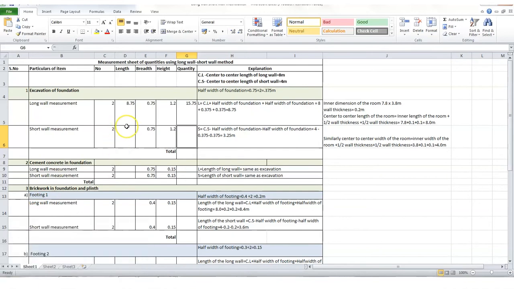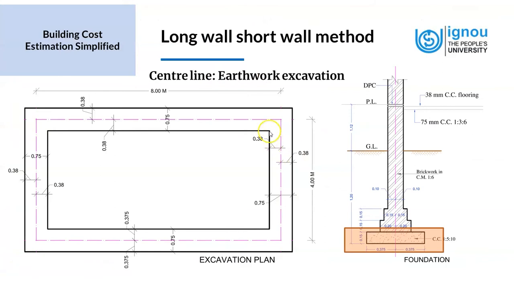Now let's go back and see how we get the short wall measurement. For the short wall measurement, we saw that it is from inner to inner, which means it will be from this point to this point. That is why we get the short wall. Now, because we are making the references with respect to the central line, this 4 meters from the central line of the short wall is actually extra. So we have 4 meters here, and we have to subtract the half width of the foundation, which is 0.38, actually 0.375, which is rounded.